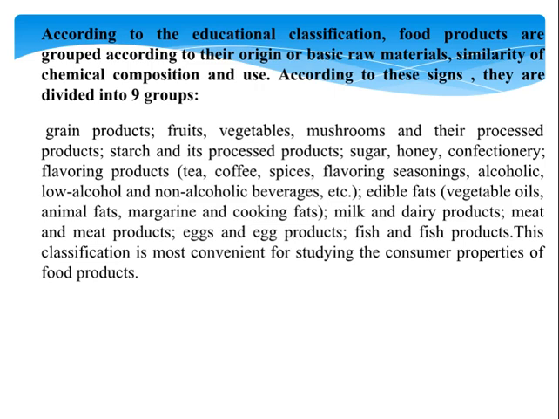According to these signs, they are divided into 9 groups: grain products, fruits, vegetables, mushrooms and their processed products, starch and its processed products, sugar, honey, confectionery, flavoring products, tea, coffee, spices, flavoring seasonings, alcoholic, low alcohol and non-alcoholic beverages, etc., edible fats, vegetable oils, animal fats, margarine and cooking fats, milk and dairy products, meat and meat products, eggs and egg products, fish and fish products. This classification is most convenient for studying the consumer properties of food products.